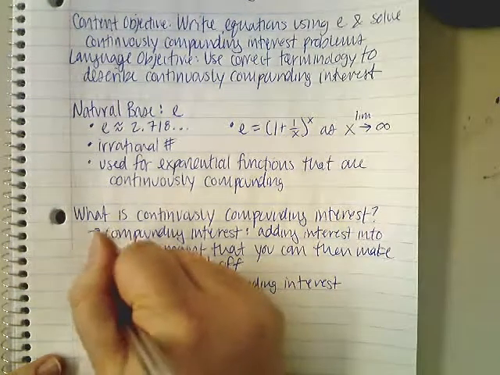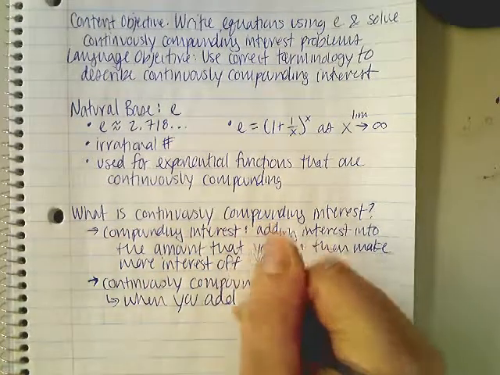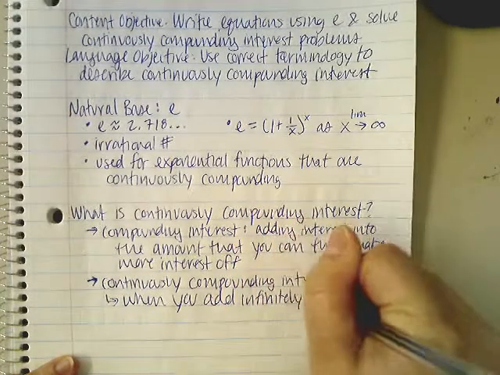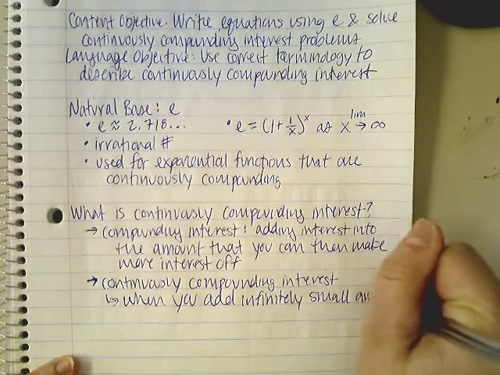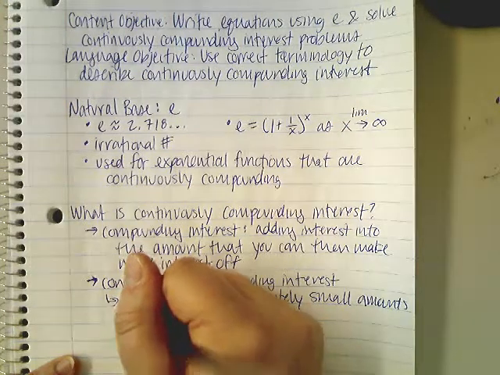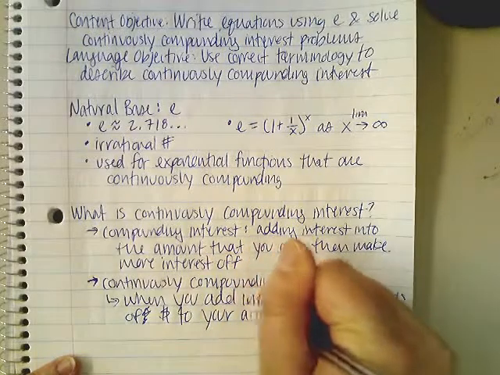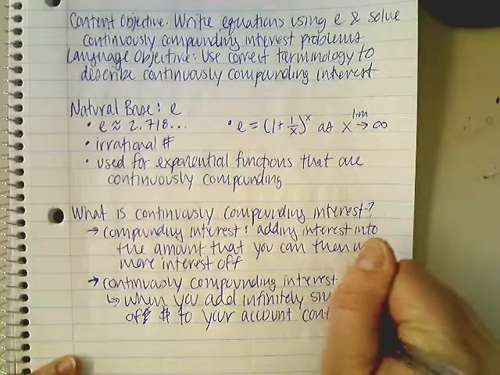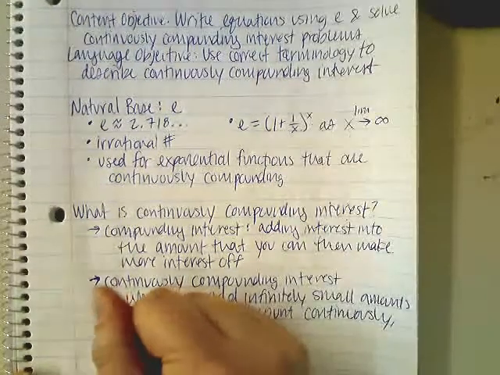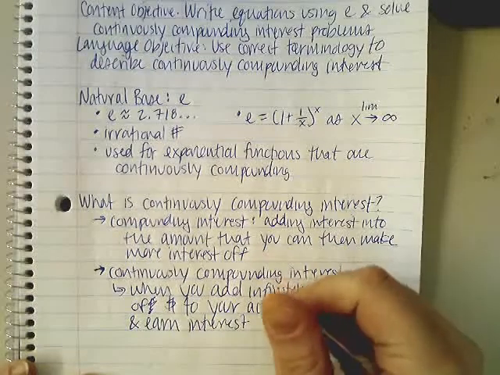This is when you add infinitely small amounts of money to your account continuously, and earn interest off the extra money.